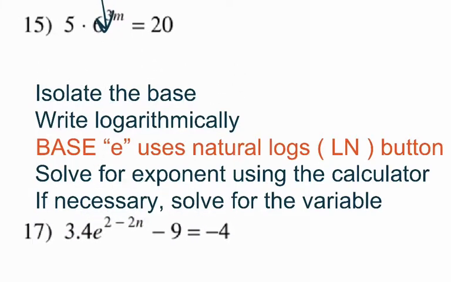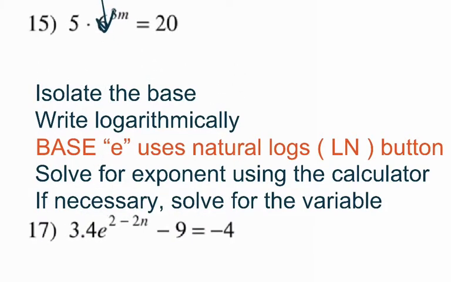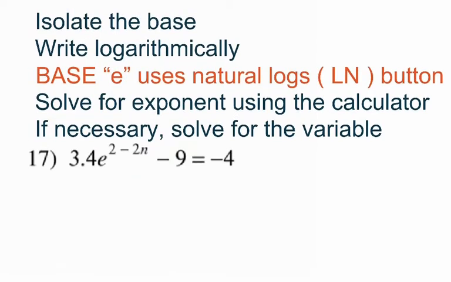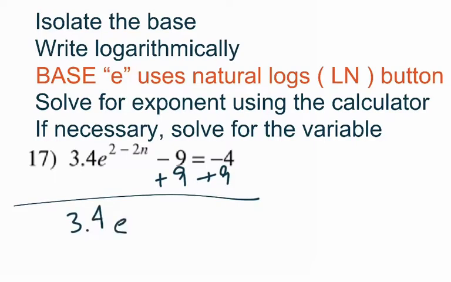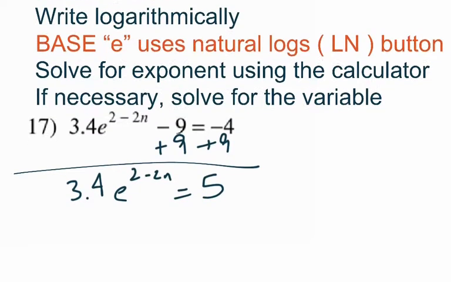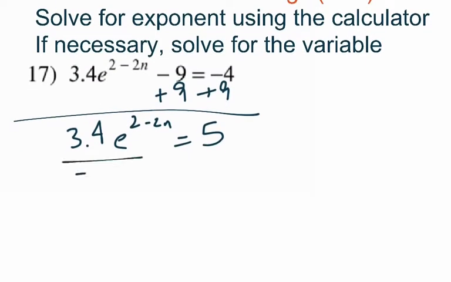So I'm going to take this question down here, number 17, and we're going to try it down here. I'm going to add 9 to both sides, and I have 3.4e to the 2 minus 2n is equal to 5. Then I'm going to divide by 3.4.